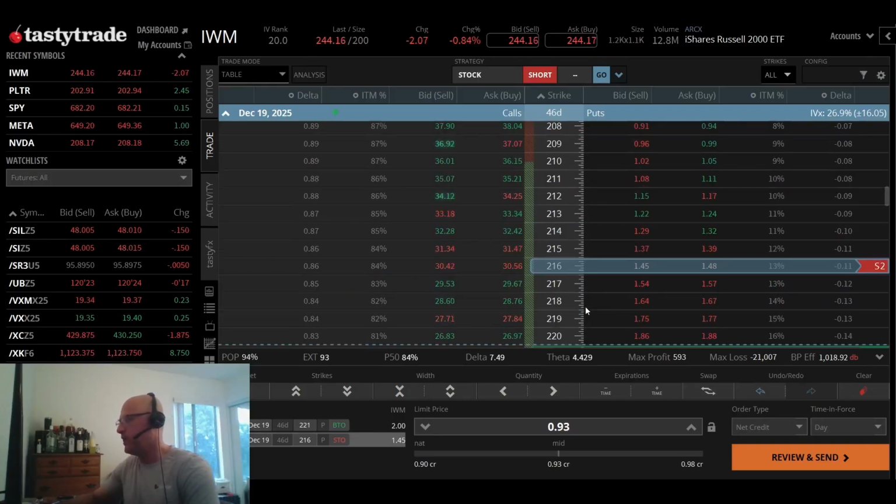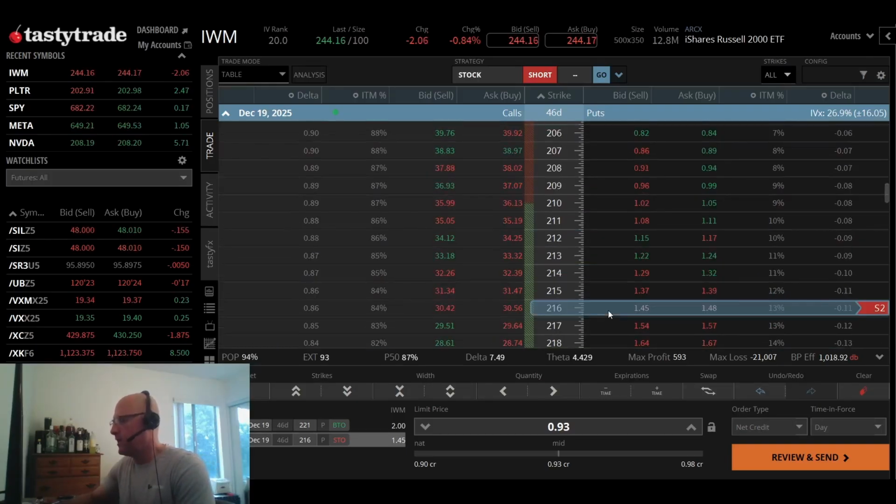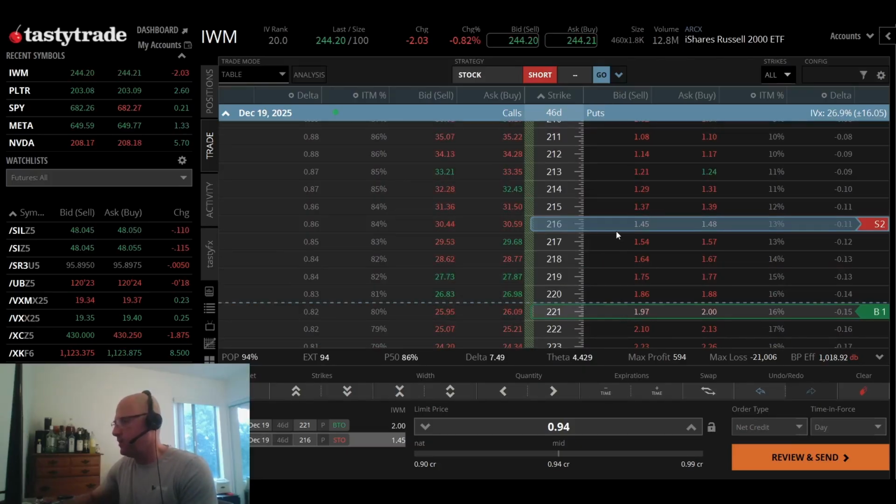But let's just assume at expiration we're right here at the short strike. So these short options will be worthless, and this long option will be in the money by $5. So this spread would actually be worth $5, and then we would have collected 94 cents. So we would almost be up $6.